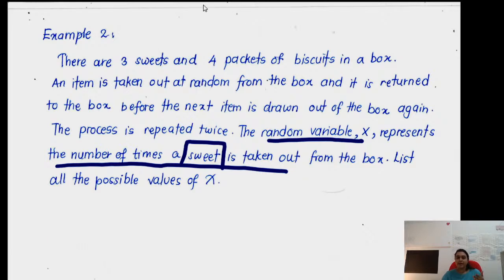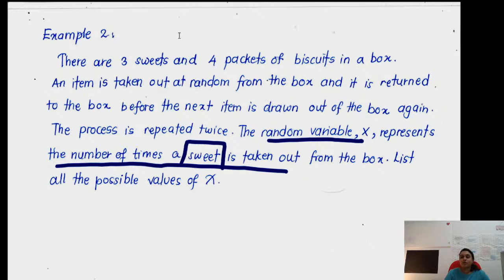So I am actually putting back the items in. So when you see like this, this is a discrete random variable. Why discrete? Because you can count. You got 3 sweets, you got 4 biscuits only. It's not like a lot of sweets, a lot of biscuits like that to calculate, isn't it?